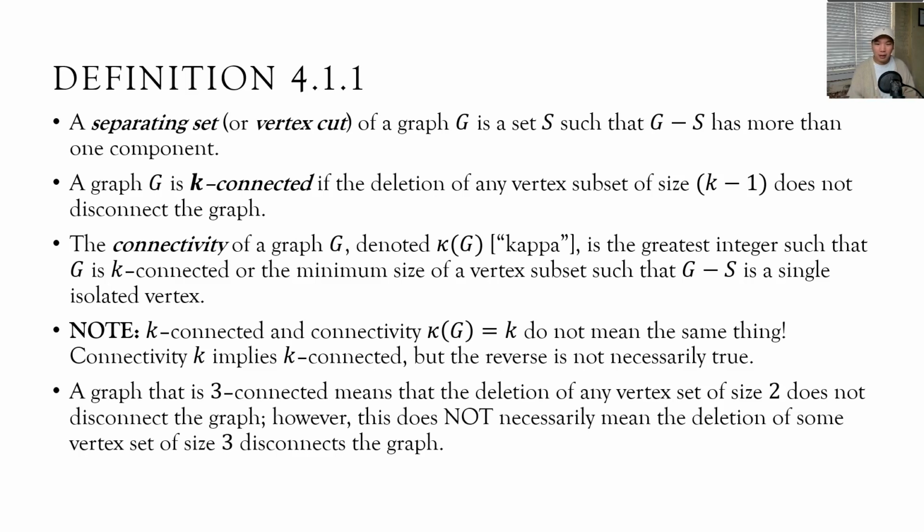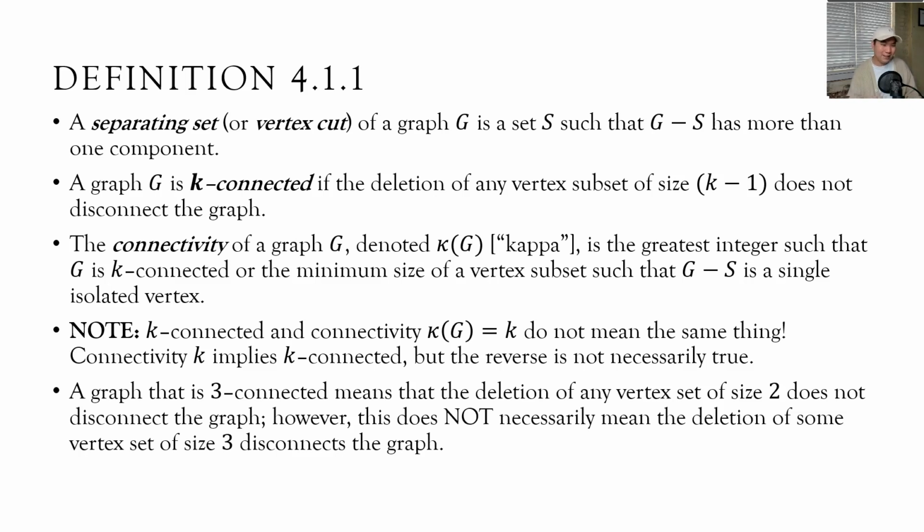It could be true, but strictly speaking, k-connected only means that if I delete a vertex subset of size k minus 1, I am not disconnecting the graph. So some really important notes here. Again, k-connected is a structural condition, whereas connectivity is an optimal problem.